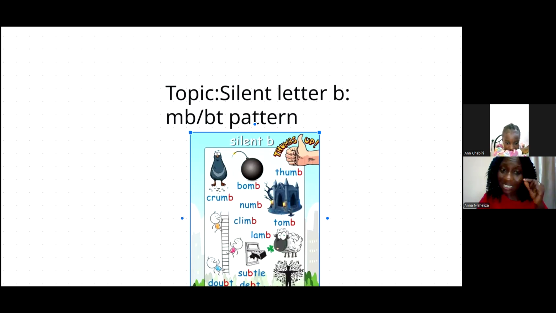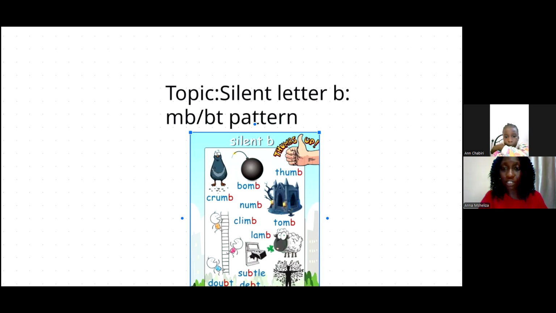It doesn't say a sound. So the first picture here is a bomb. You don't say bomb with the B sound, because the B there is silent.